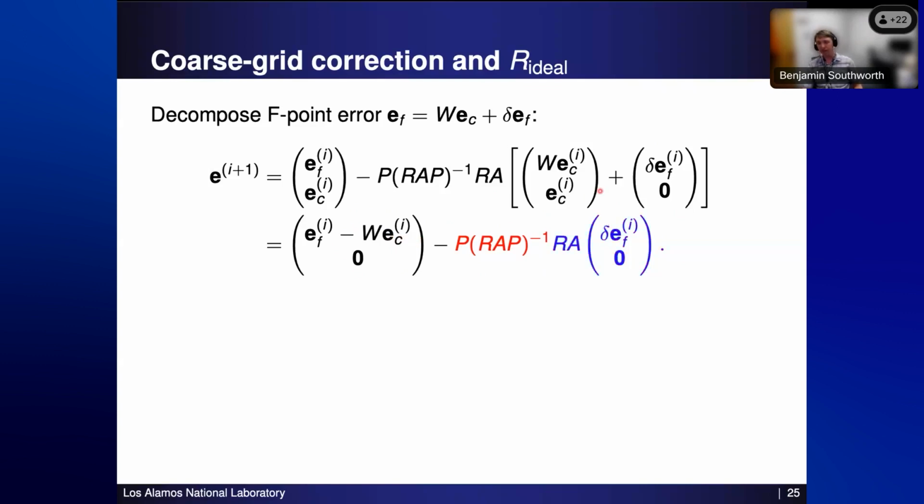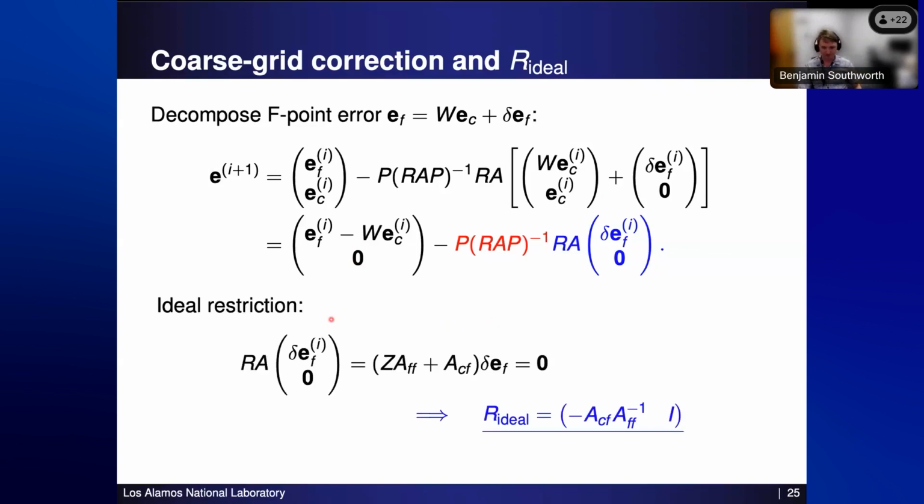The idea of the non-symmetric AMG that I'm going to talk about is to choose R to eliminate this as best we can. We want to minimize this term, because if we do that, then after coarse grid correction we have a perfect solution at all our C points. And if you have a perfect solution at C points, we follow that with some kind of F relaxation to effectively distribute the accuracy from the C points to the F points. That's how we define the ideal restriction operator.